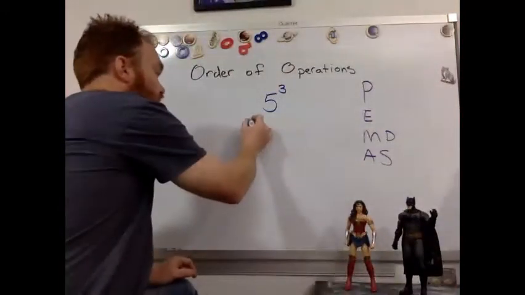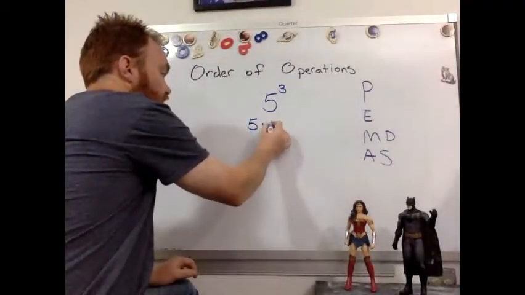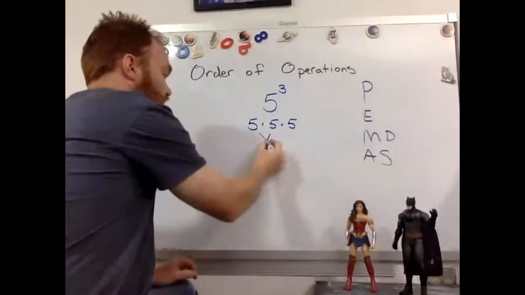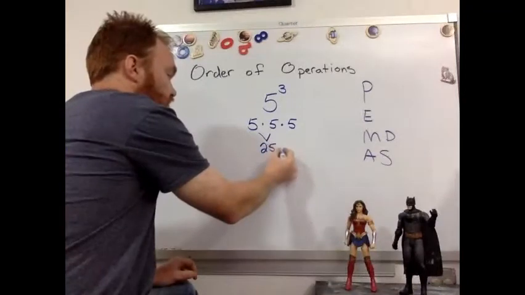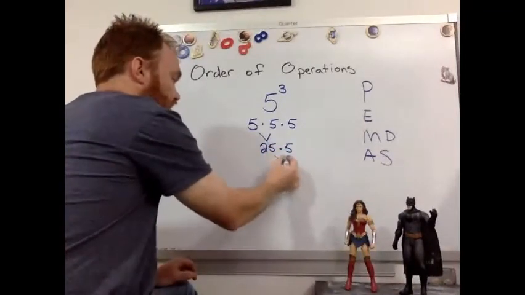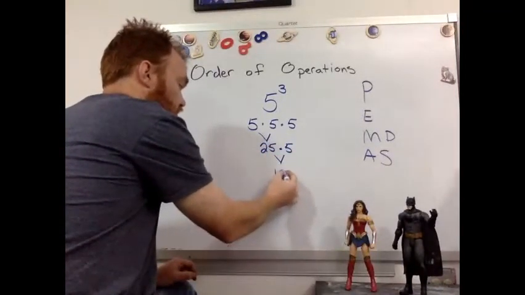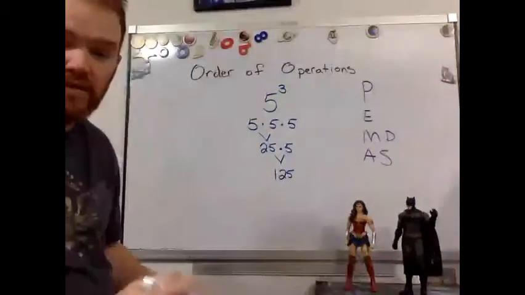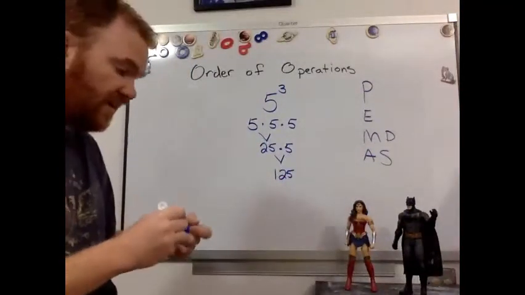So 5 to the third power is 5 times 5 times 5. 5 times 5 is 25. 25 times 5 then gives us 125.